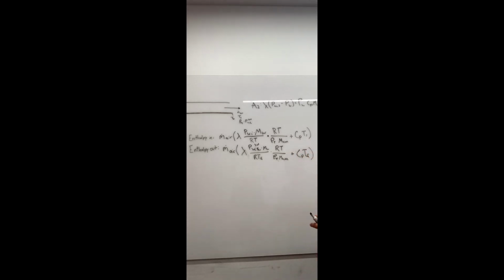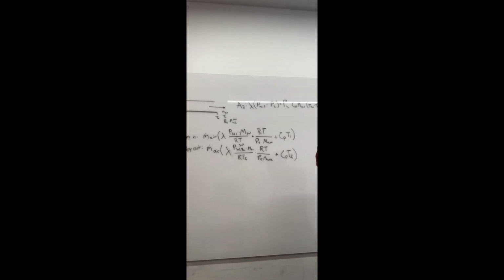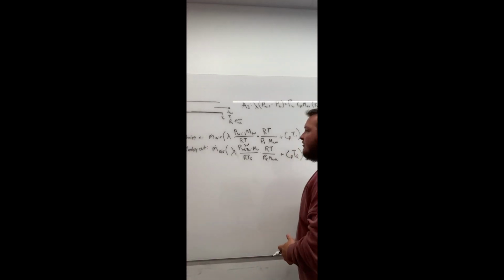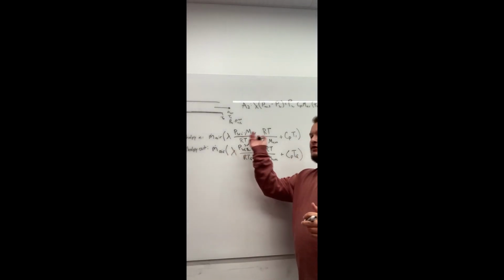Okay, so it's all those things. It's pretty much the same kind of formula. You can see it, same kind of formula. It's just that it's going out, of course.